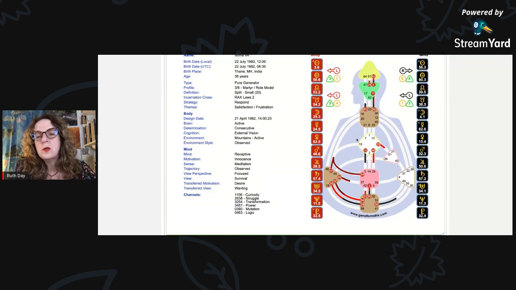What was really interesting about Sonia is that these gates up here are leadership gates. Someone who is a manager or a leader should have these gates. Someone who is a really good team member but needs the guidance of a leader should have these ones.